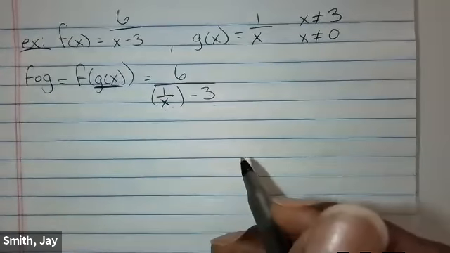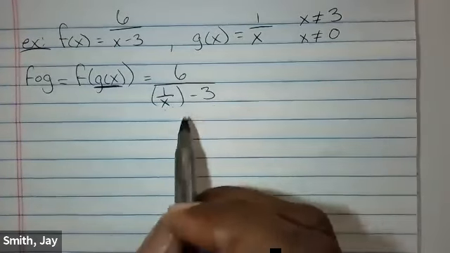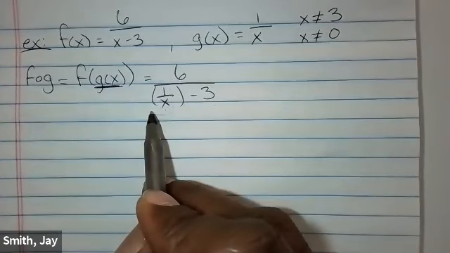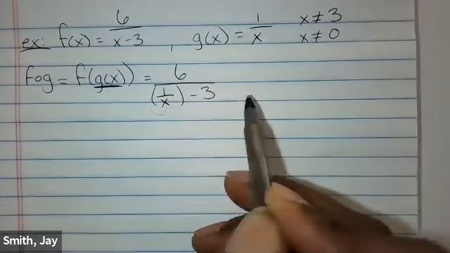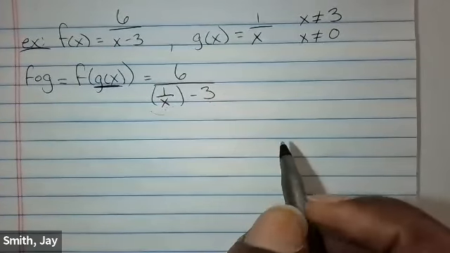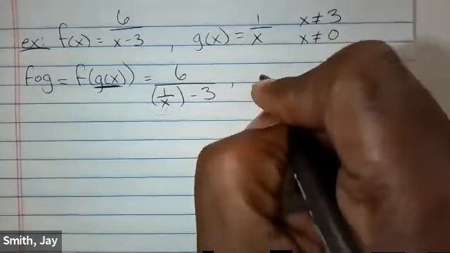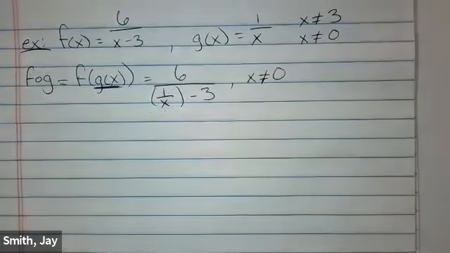So we can't have that in our domain. So we know x cannot be equal to 0. And whatever value will make 1 over x equal to 3 in this case. Because if 1 over x is equal to 3, then we end up with 3 minus 3, or ultimately we end up with 0 on the bottom of our fraction again. And if we end up with 0 on the bottom, it cannot be defined. So we know we need to exclude 0 itself for f composed with g.